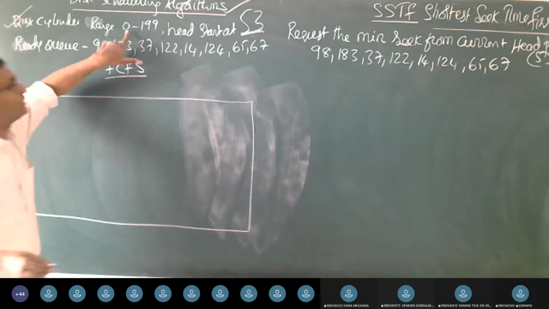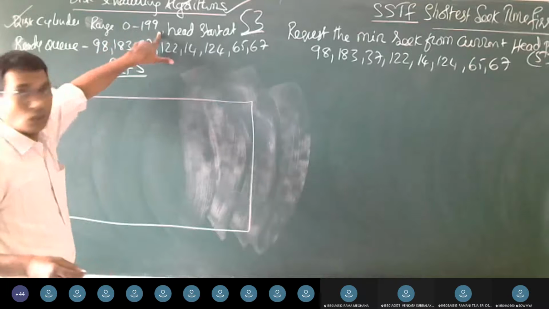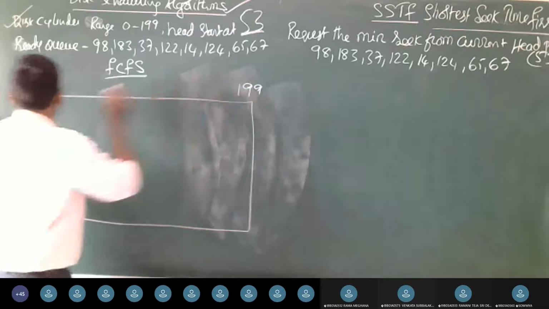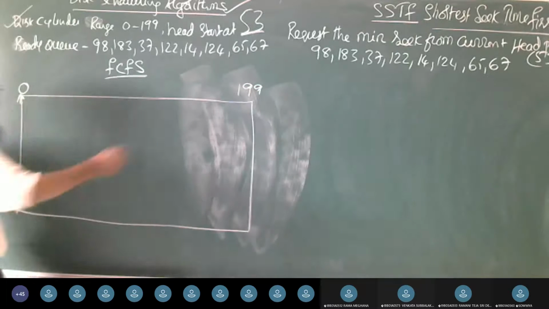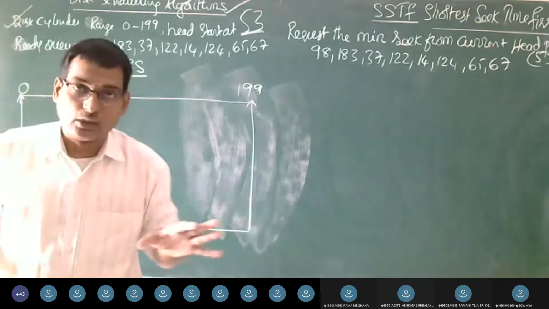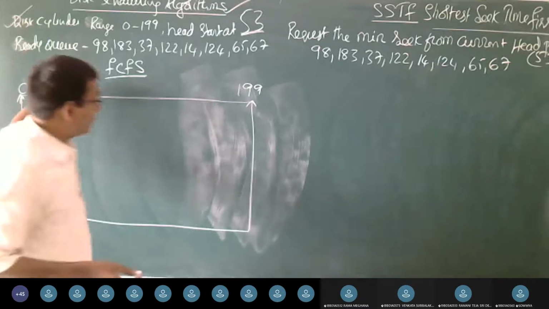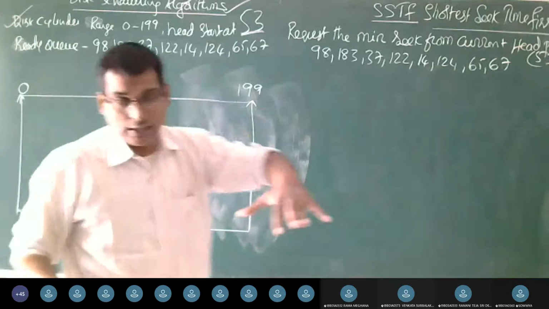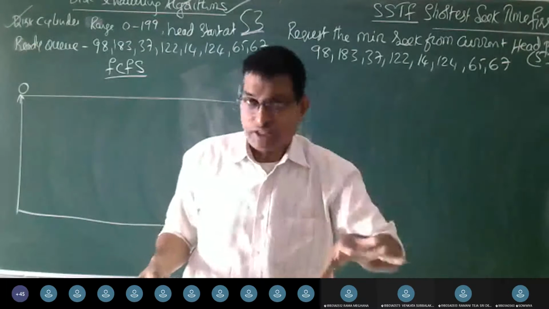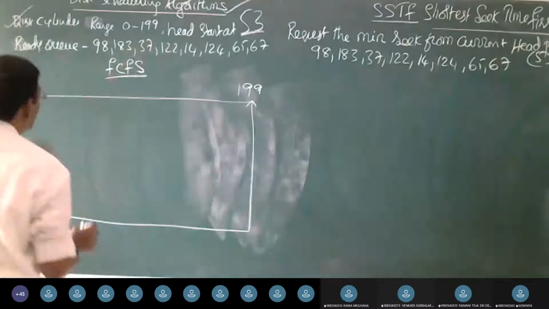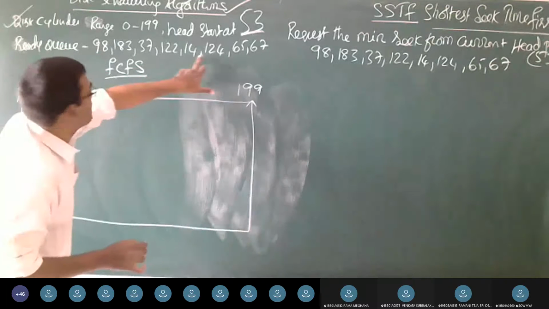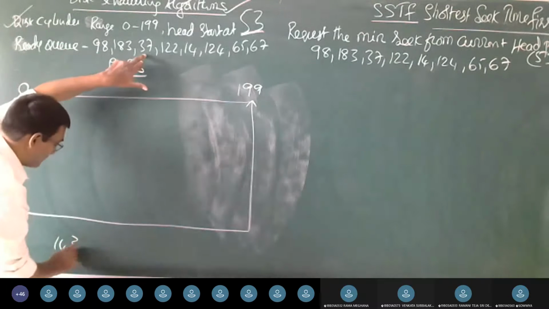The disk range is between 0 and 199, so one end is at 0 and the other end is at 199, which is 200 locations. We first have to write the ascending order of the disk requests. What is the ascending order of the disk requests? The first one will be 14. The next one will be 37.